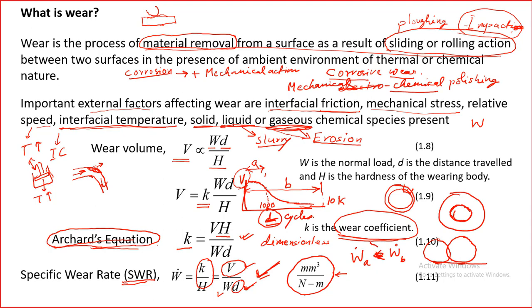You're right, W_A is greater than W_B. So this is a very practical problem, and we should always be aware. Whenever we are comparing wear rates of a material against another material, or many materials, we should always be aware of this fact.